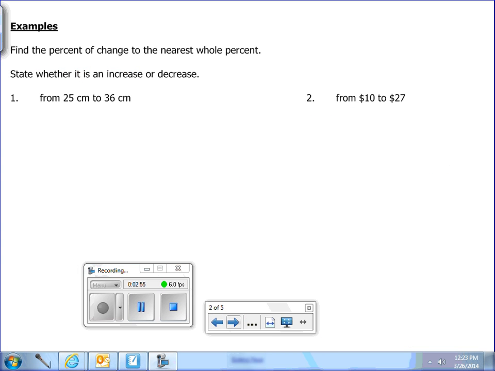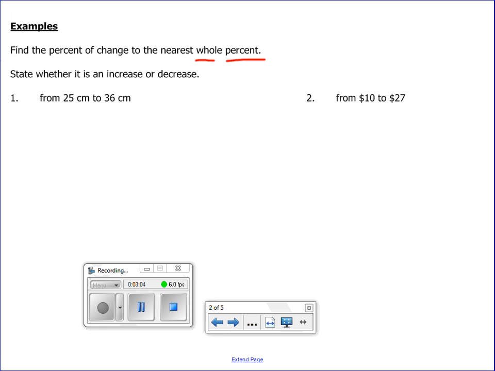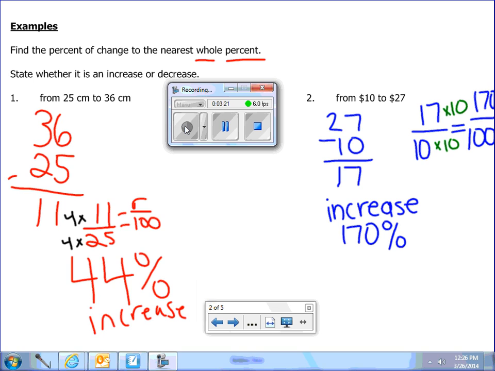Okay, so using your notes that you just did, we're going to find the percent of change to the nearest whole percent. So in these examples, we have been asked to find the percent to the nearest whole percent. And then we are to state whether it is an increase or a decrease. In examples 1 and 2, I'm going to pause the video and we'll come back and show our work.